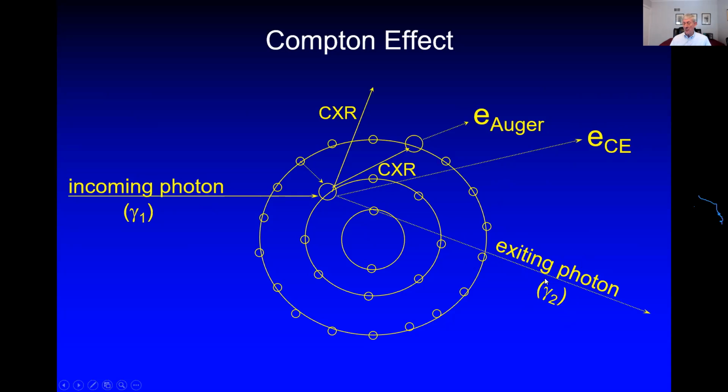It's not a new gamma. It's simply gamma 1 with the residual energy after the collision took place. You know it lost energy knocking out this electron. So the energy of gamma 2 will always be lower than gamma 1. But remember, this is not a new gamma. It's just the same gamma, but deflected at some angle from its original path.